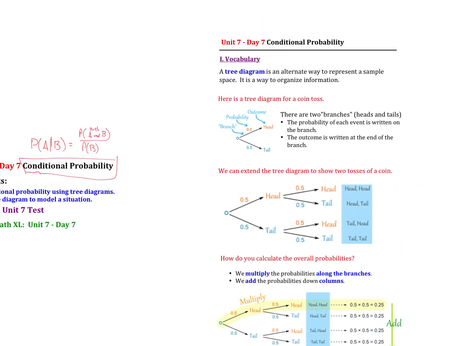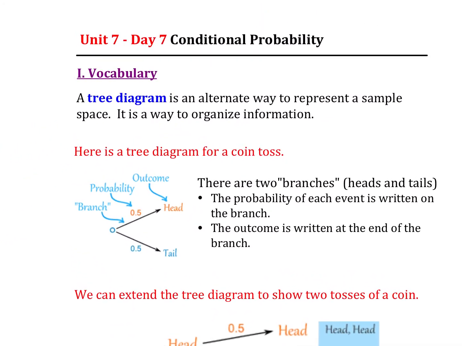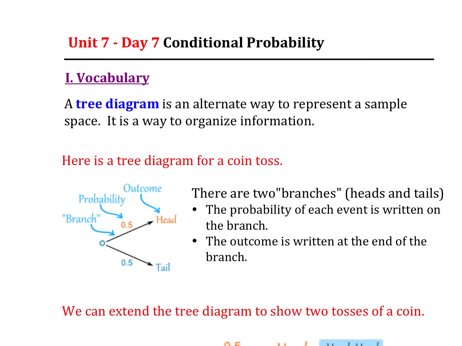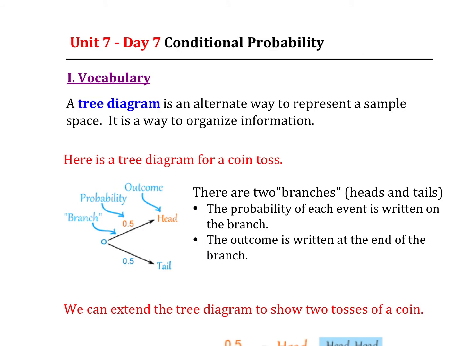Now, let's talk about tree diagrams. What are they? How do they work? So a tree diagram is a way to organize your thoughts using a linear path for the occurrence of events. Here we have an example for a coin toss. We'll start from a single point and then draw our different possible outcomes from there.